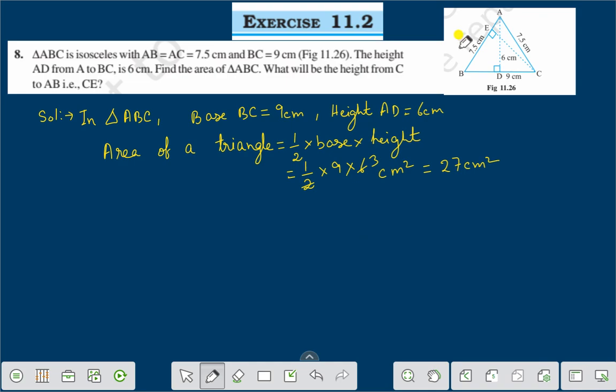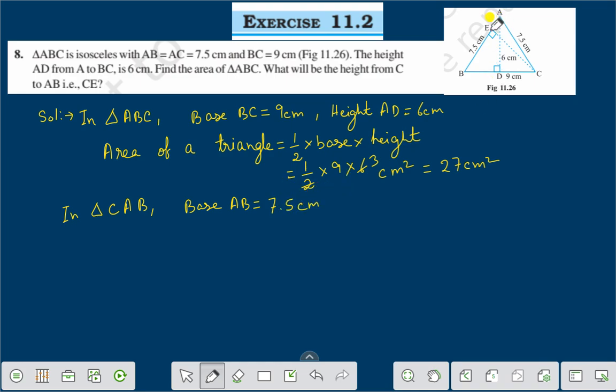Right? Now we'll find in triangle CAB. In triangle CAB, we find that if we take base AB as base, that base AB is given as 7.5 centimeter.